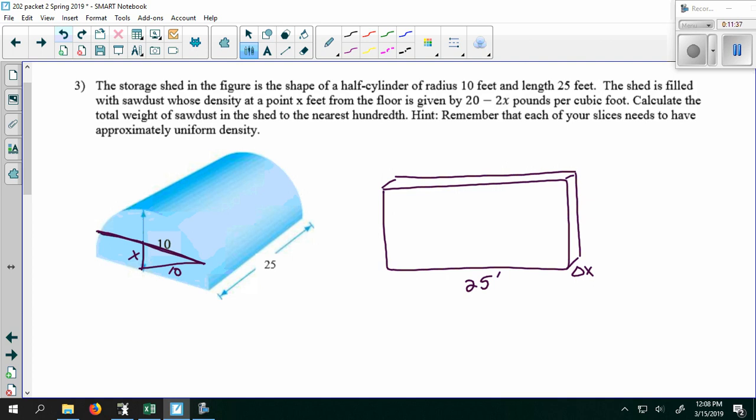And then I'll call this third side R. So I have a Pythagorean relationship: x squared plus R squared is 10 squared, which is 100. So R is the square root of 100 minus x squared. At any height of x, I can calculate this distance R. But the length of my shoebox here is 2R. So I'm going to put that in there as 2R.